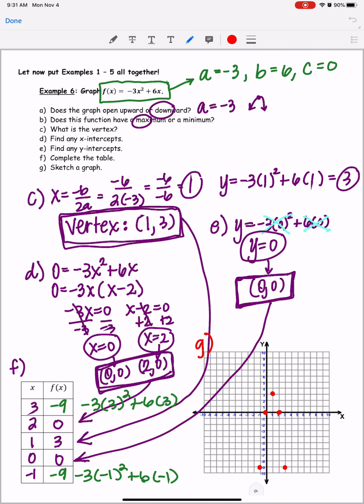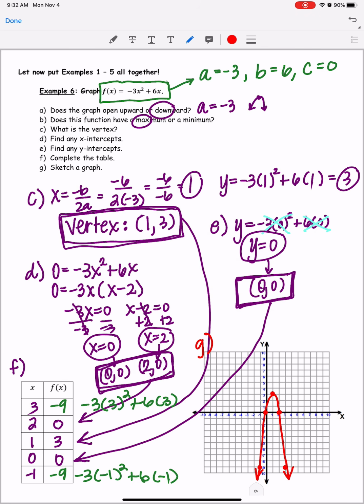So here we have a super skinny parabola like so. Okay, so that has a little bit of everything that we've done. So this is a really good review of what the first 5 pages were about.